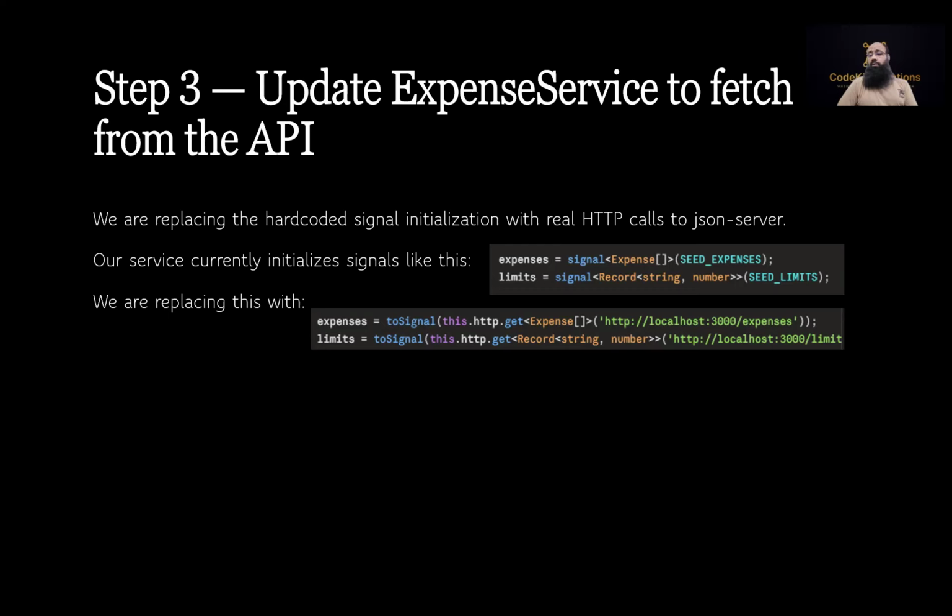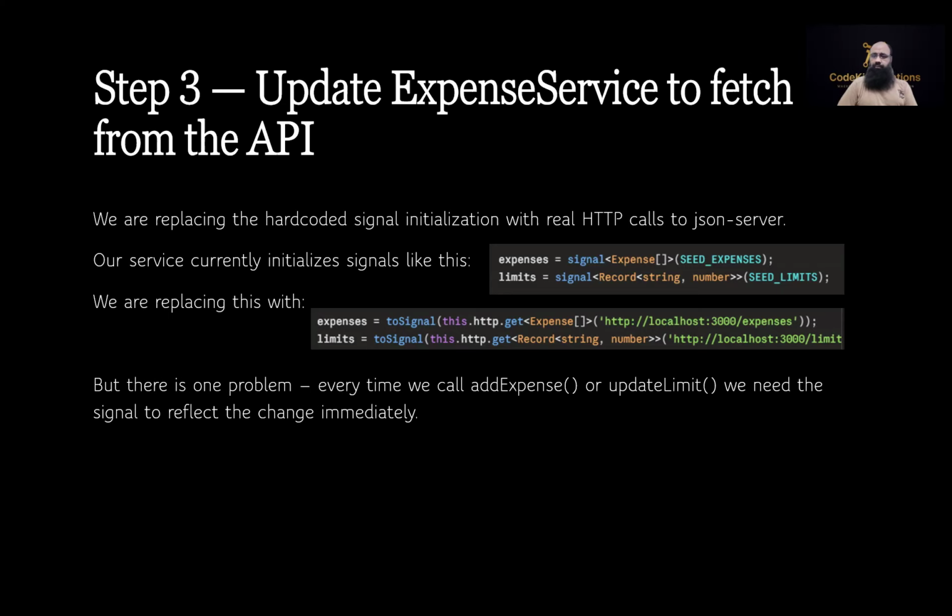We are using toSignal, and we are going to call http.get using the API URL, and we get the expenses or limit. So this is going to provide us a signal.